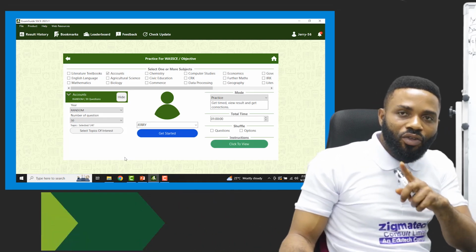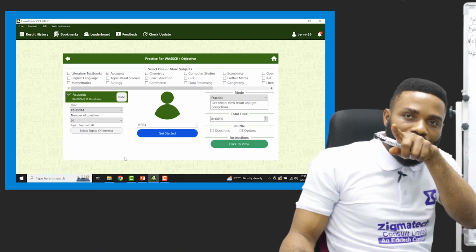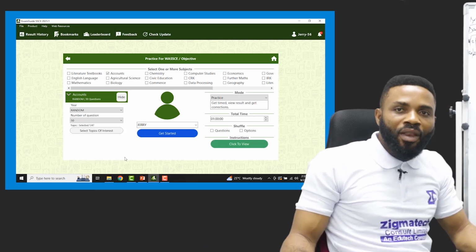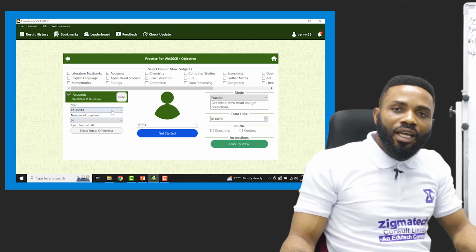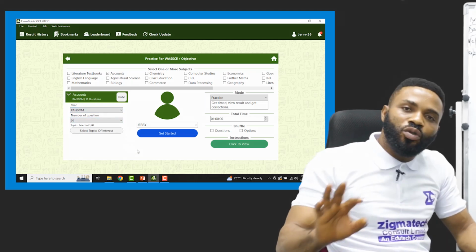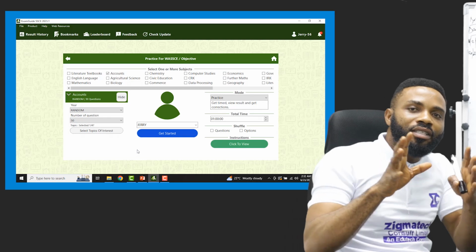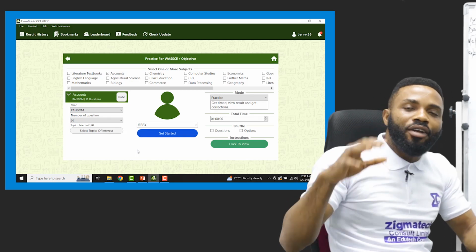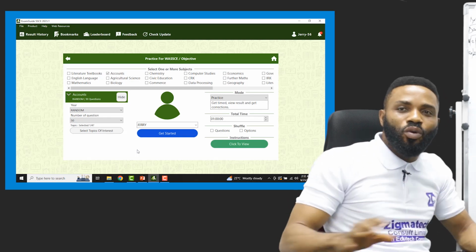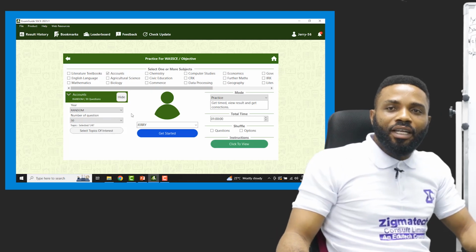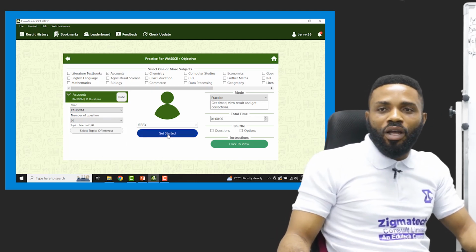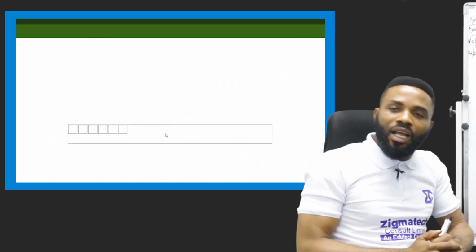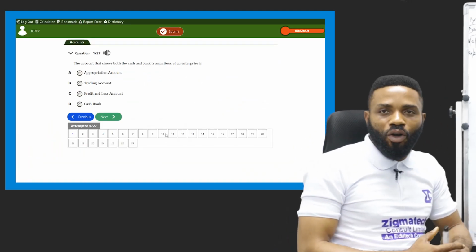That's why account is already chosen there. We have already highlighted accounting. And then when you come to the year, don't choose a particular year, just take random. The system will arrange all the questions that are related to what you are doing, and then the questions will go. Then you go to get started. When you click on get started, you see the questions will be coming.